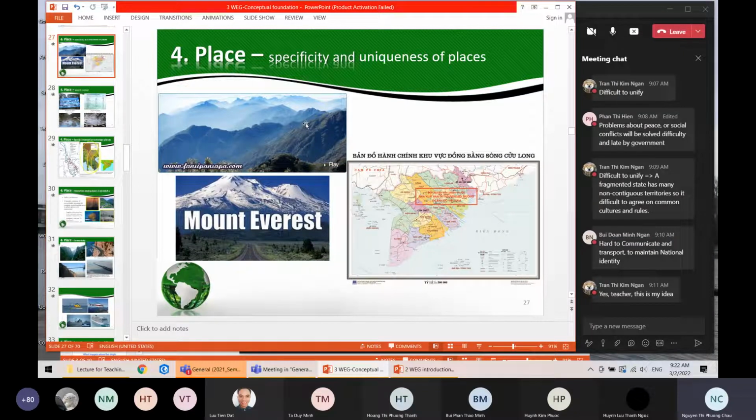That is the fragmented area of Vietnam, and those ethnic minorities speak different languages. In the past, they didn't understand the Vietnamese government, and the Vietnamese government also could not support them.